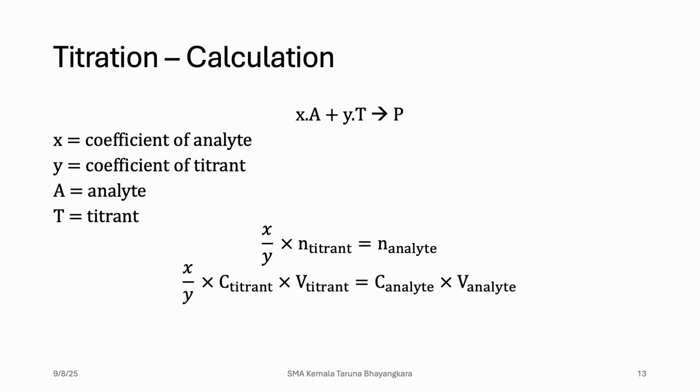If we change it into a concentration and volume formula, X over Y times concentration of titrant times volume of titrant equals concentration of analyte times volume of analyte. So the final formula would be: concentration of analyte equals X over Y times volume of titrant over volume of analyte times concentration of titrant.